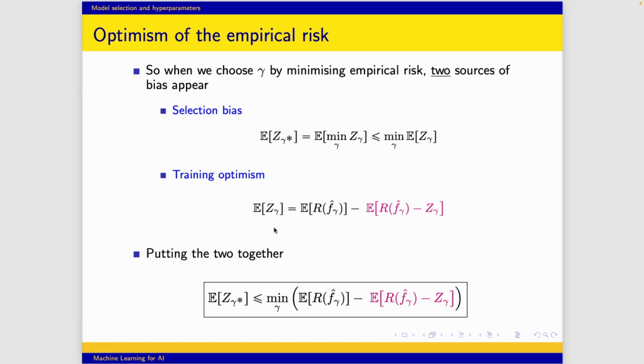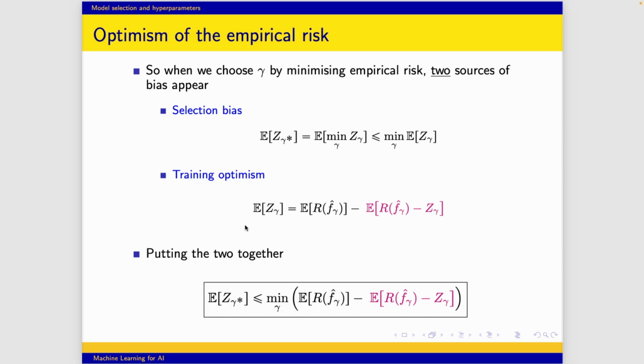And what is this? Well, we can decompose this expectation here as the expected value of the true risk minus this optimism. So we end up with the expected value of Z gamma star is less than or equal to the minimum over gamma of the expected true risk minus the expected value, sorry, not the minus, the optimism in our empirical risk.